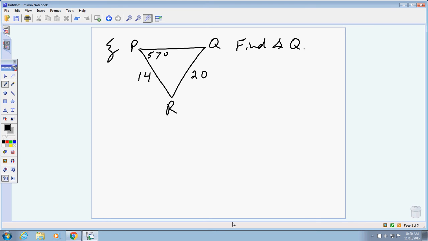I can use the law of sines with my corresponding side and angle of, what do I have corresponding? P, yeah. And I have one other piece of information, which is Q. So I have to use those two for the law of sines. So this time it's asking me for an angle.